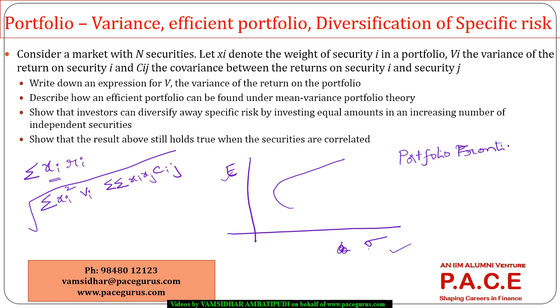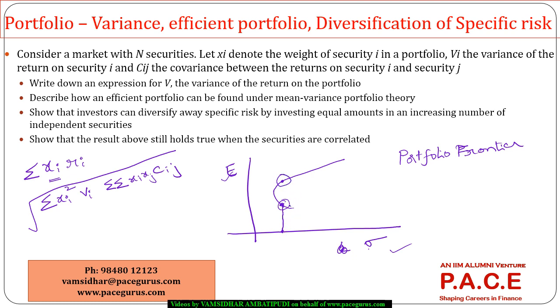But if you see here, take this particular point, this is the standard deviation. For this standard deviation, even this much return is possible, or even this return is also possible.